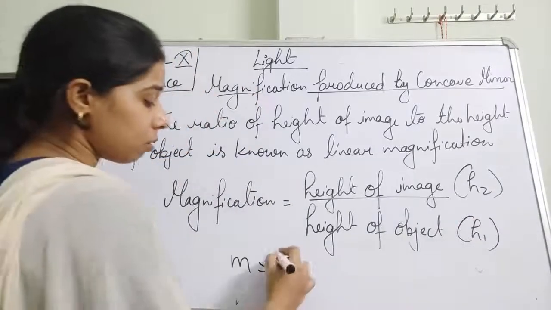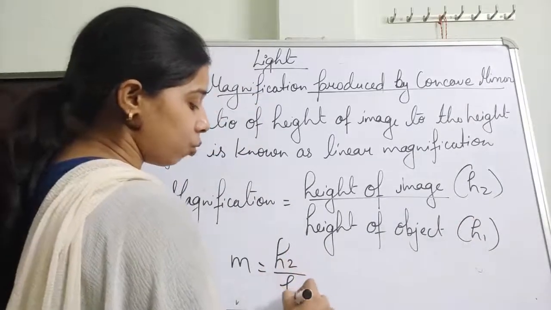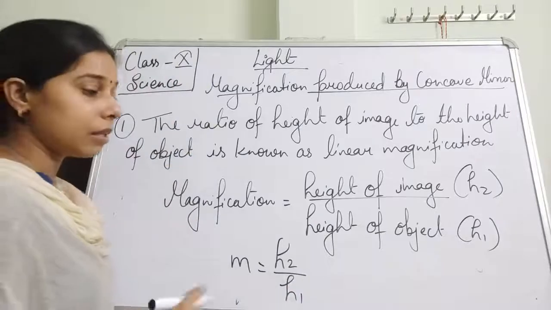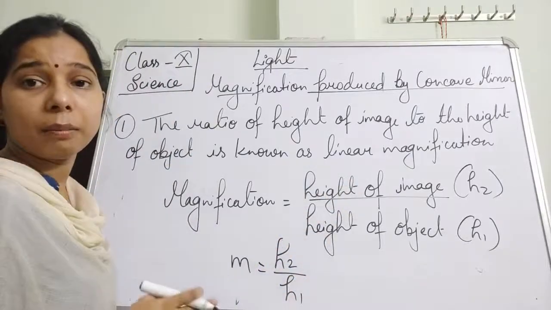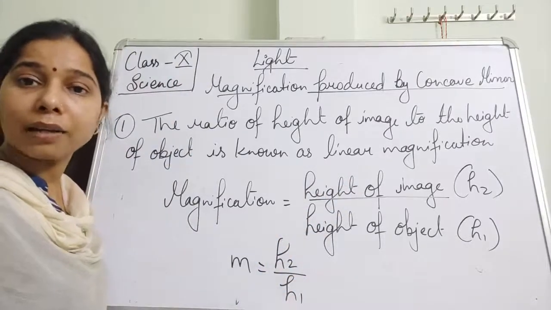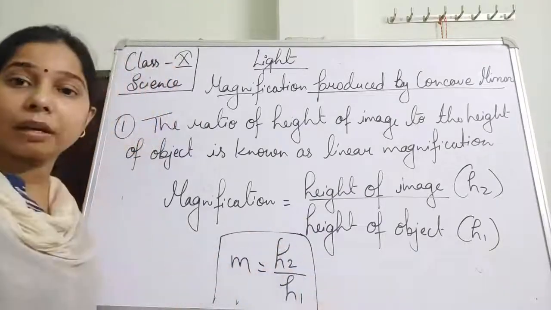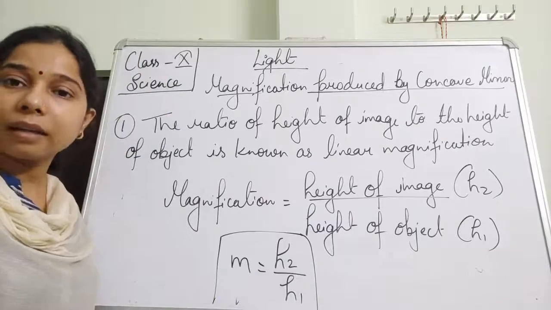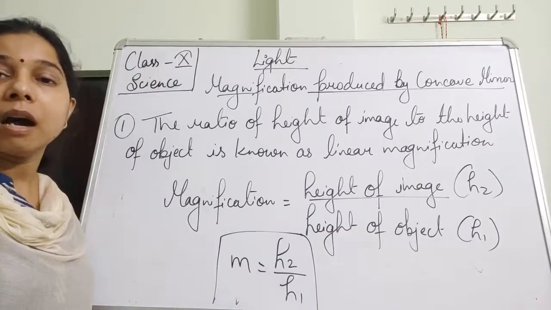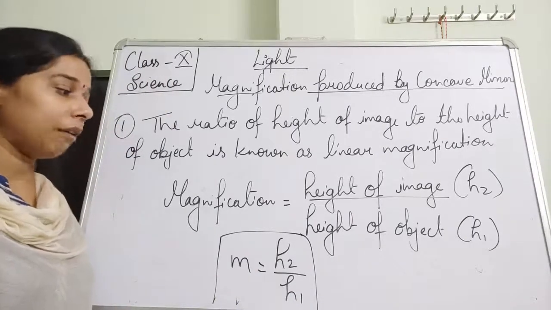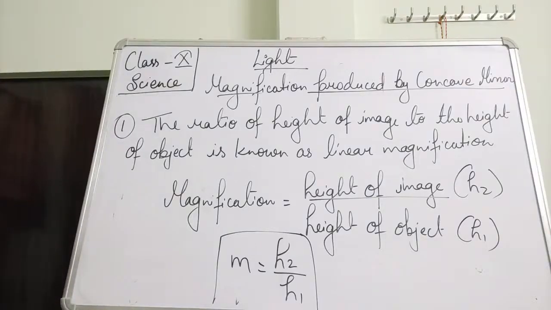So we can also write it as M equals H2 upon H1. H2 is the height of the image, and H1 is the height of the object. So with the help of this formula, we are able to find the value of the magnification, students.